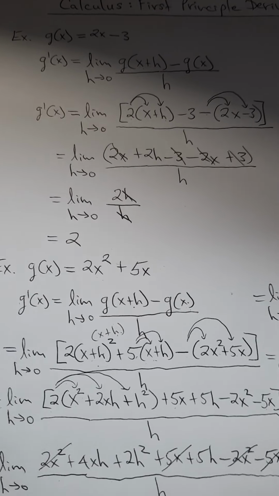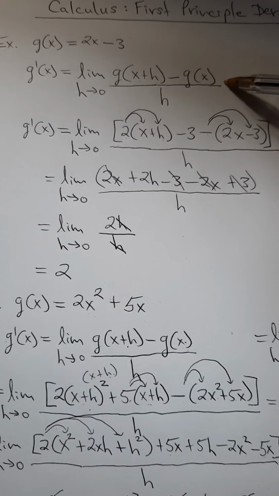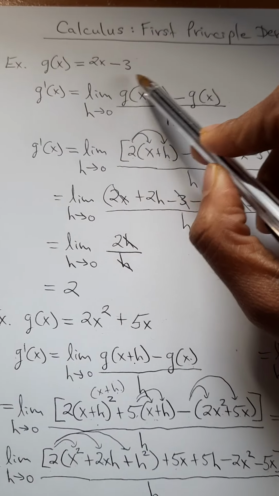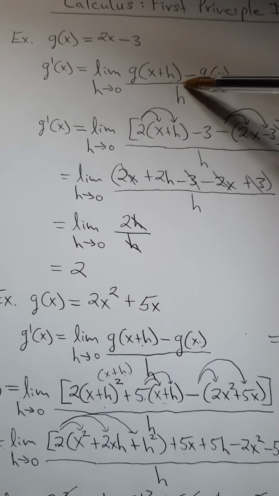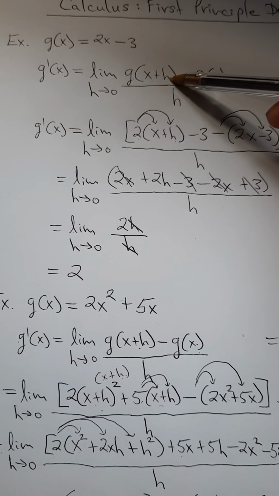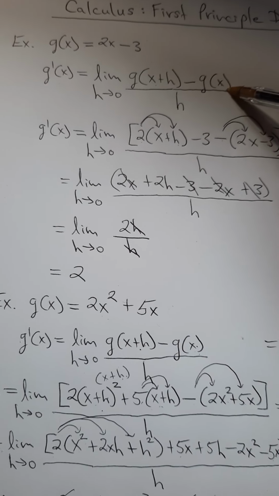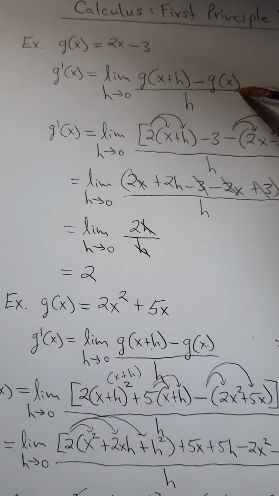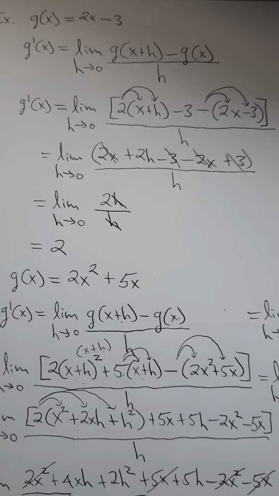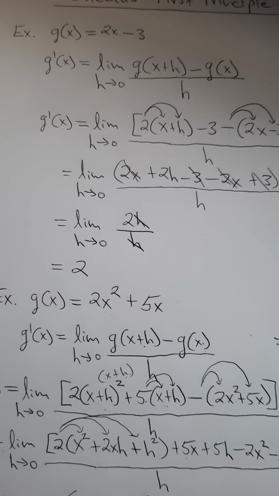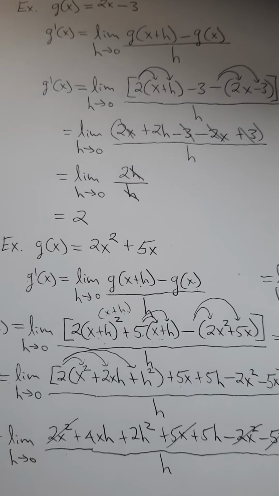So I think what we need to just remember here is the actual formula or the expression. The same thing, if it was just f of x equals 2x minus 3, this would just be f prime of x. The first time you're always substituting x plus h into the original expression, and then minus the original expression, which is the g of x in this case. And again, every time you expand out the numerator, a bunch of stuff should be canceling out at the top as well.